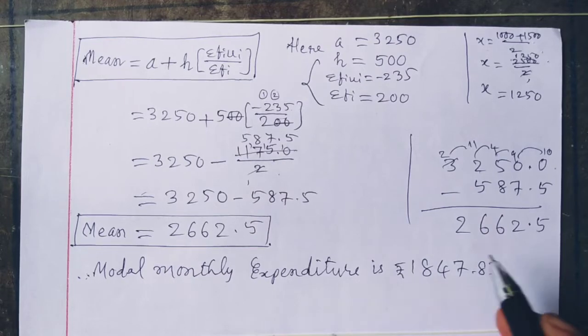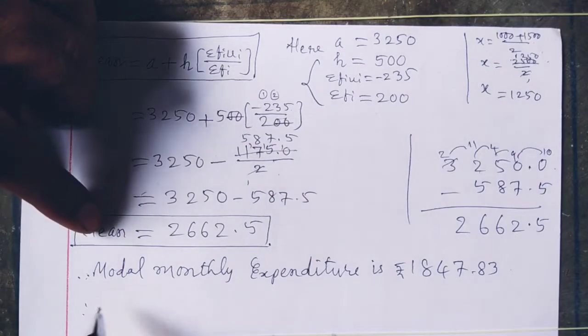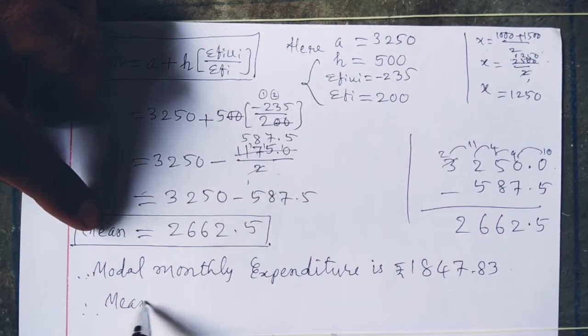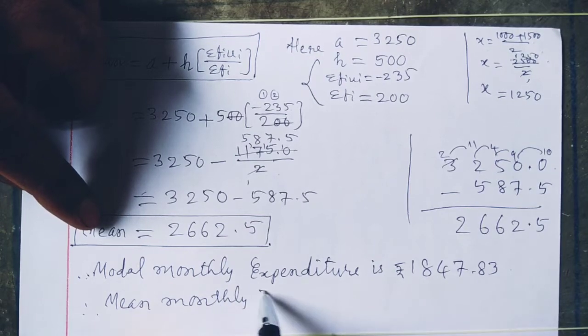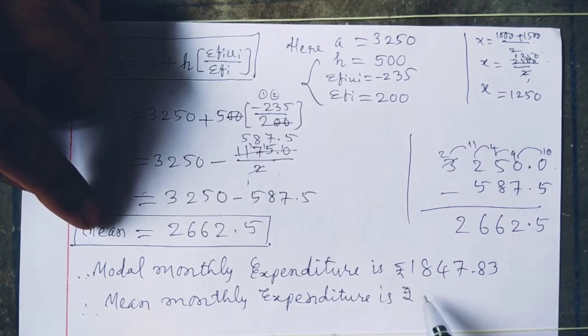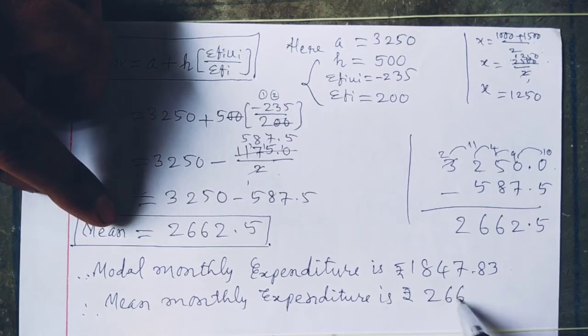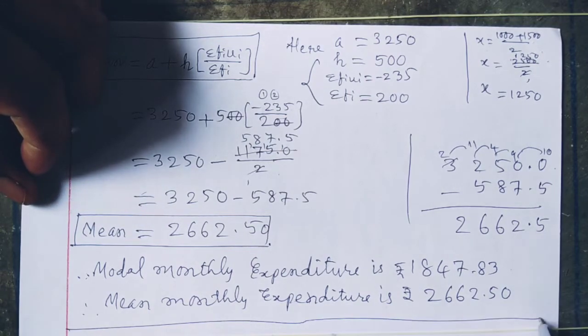The second one, the mean monthly expenditure, is 2662 rupees 50 paise. So these are the two answers.